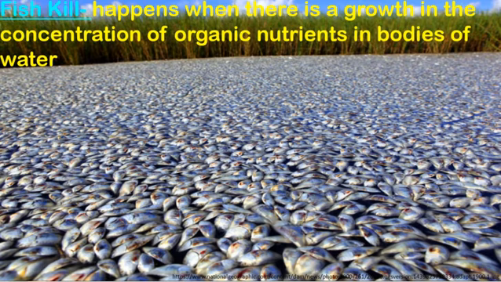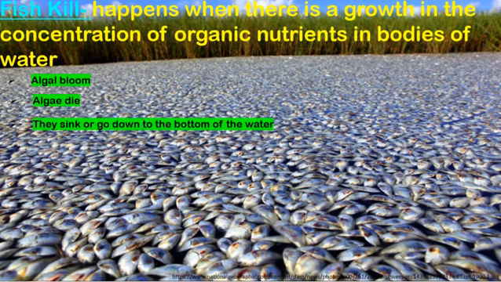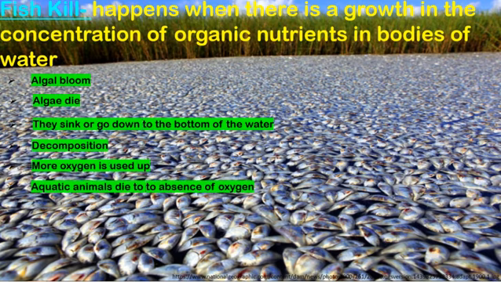This situation causes algal bloom and growth of aquatic plants. As soon as the algae die, they go down to the bottom of the water and the process of decomposition will occur. This uses up oxygen, and the end result is that aquatic animals die due to the absence of oxygen.